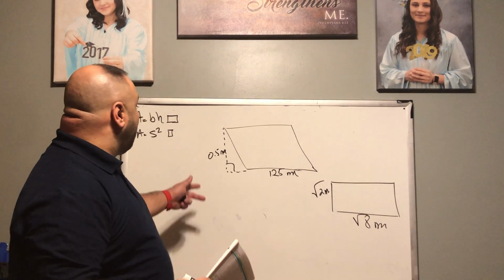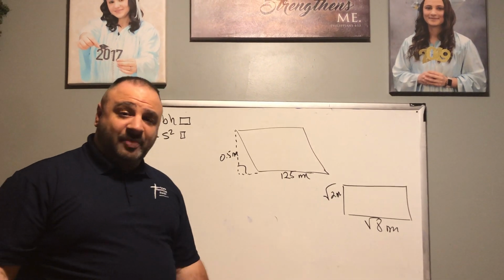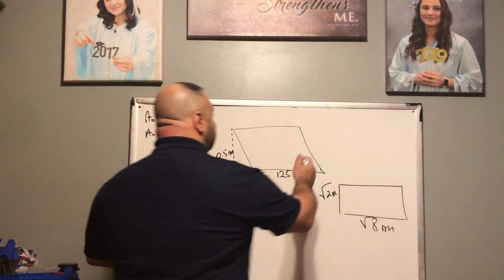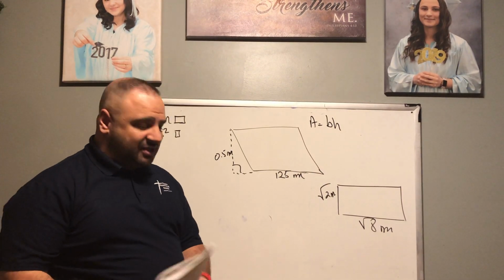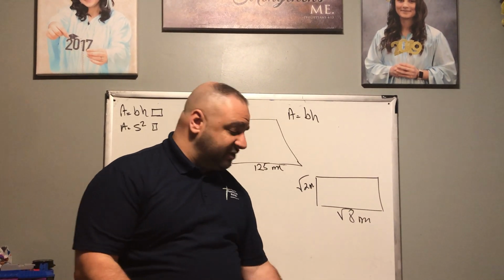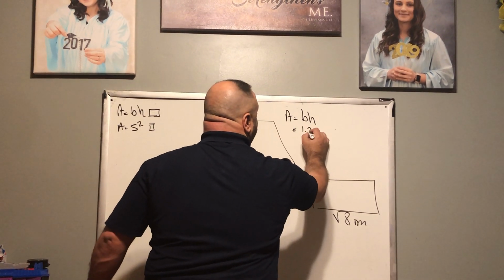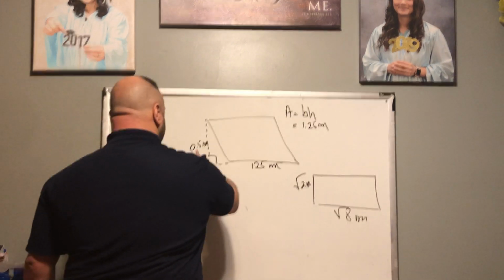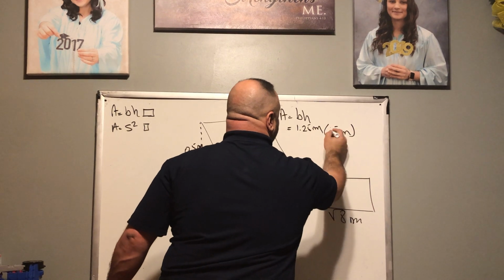So what is the area of this parallelogram? Well, simply, it's the product of the length of the base and the length of the altitude. So we're going to go area equals, I always like to write my formula first. It gets me in the habit of memorizing and gets me in the habit of knowing these. So area equals base times the height. So 1.25 meters, that's our base, times our altitude, which is our height, 0.5 meters.